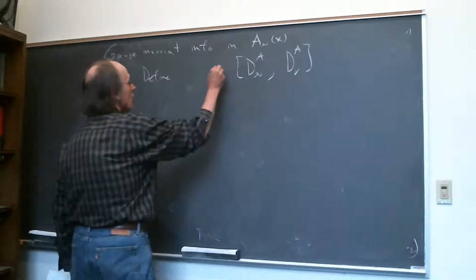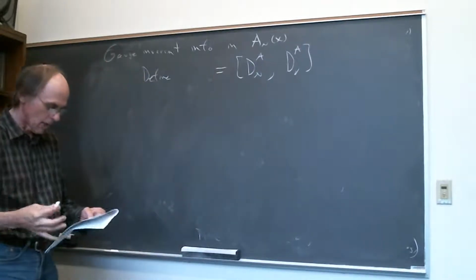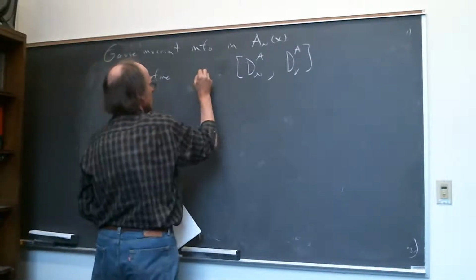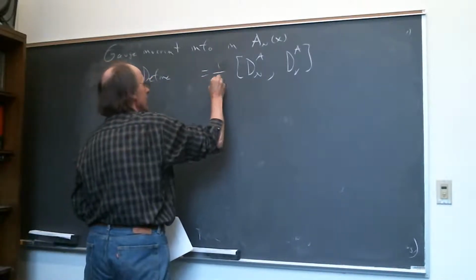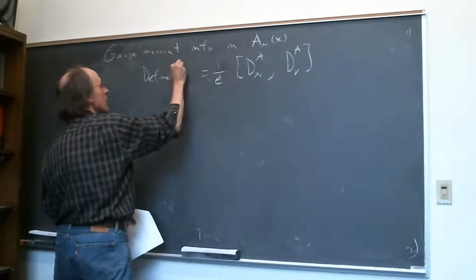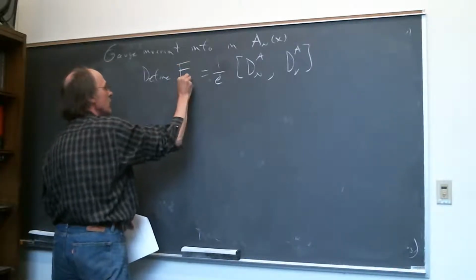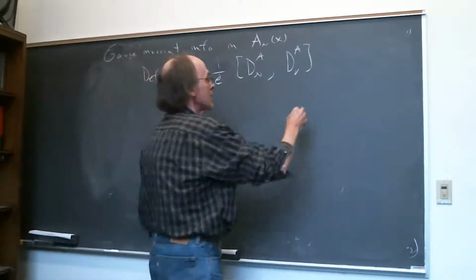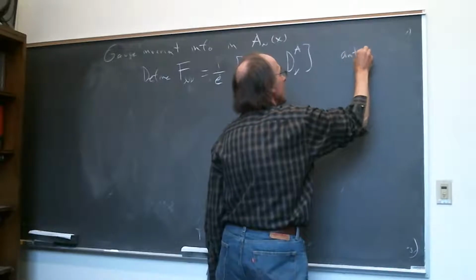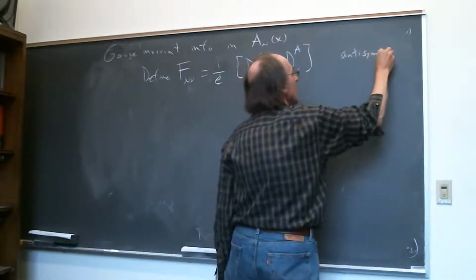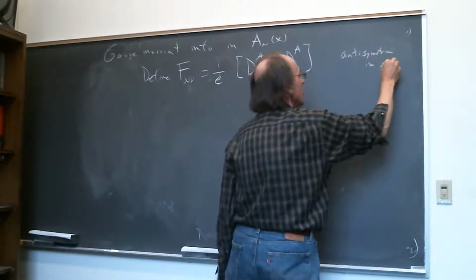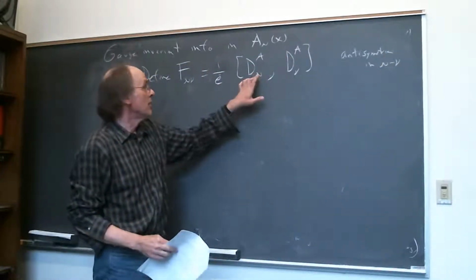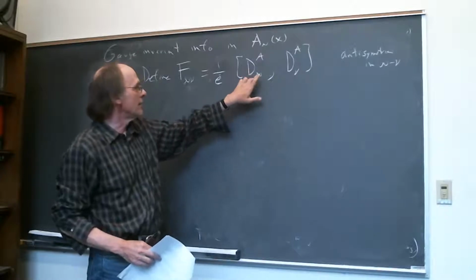And so we're going to give this guy a name. I'll also put an i and an e here, to make this real. Okay, so this is antisymmetric in mu and nu. If you like to think in terms of tensors, these A's are funny objects.